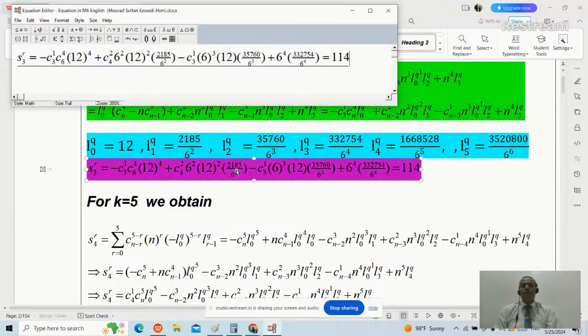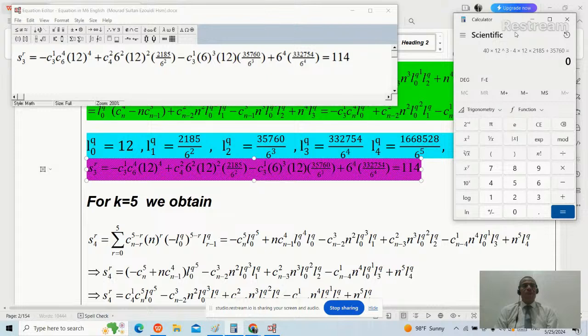Now I will use my calculator and continue calculating. Therefore I will start from here: negative 3 multiplied by 50 multiplied by 12 to the power 4.